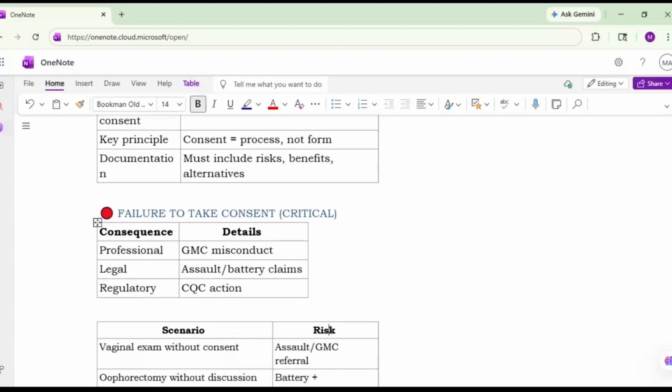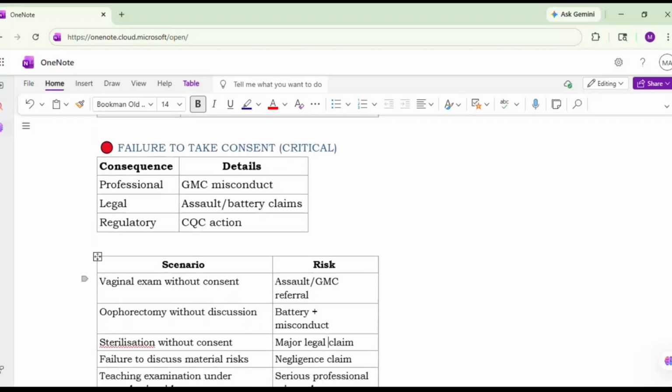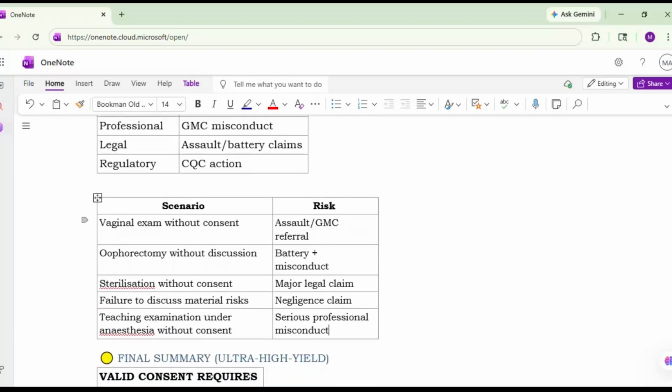Now, failure to take the consent is misconduct by the GMC. As far as GMC is concerned, GMC will consider it as professional misconduct. As far as law is concerned, it will be assault or battery, and there can be regulatory action. Now, vaginal examination without consent will amount to assault, or there may be a GMC referral also.